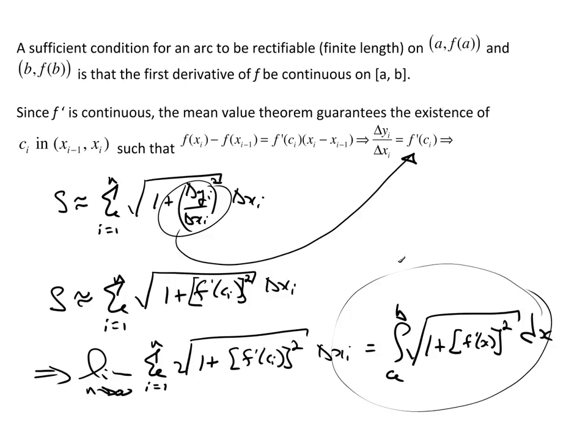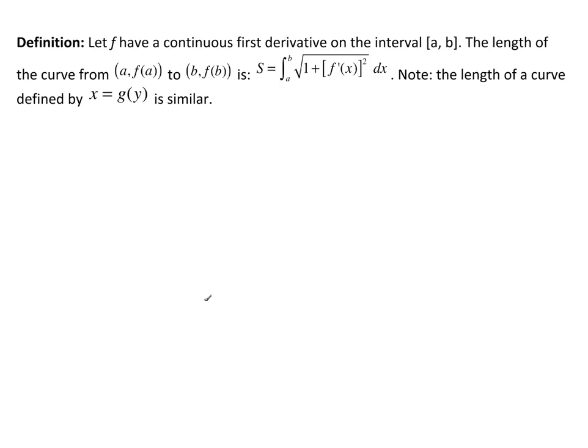So this we can use to find an arc length for some curve from a to b. This a to b is this a to b. So providing the first derivative is continuous, all we need to do is find the first derivative of the function, 1 plus the first derivative squared, square root. If we can integrate this, then I can figure out how long this thing is.